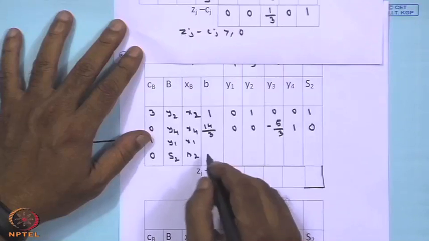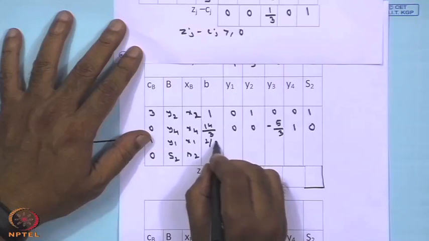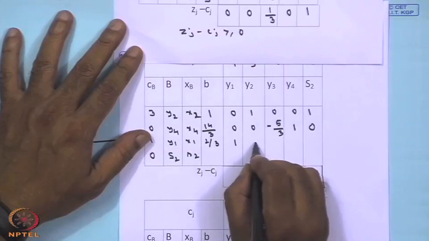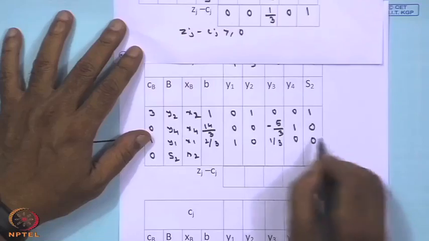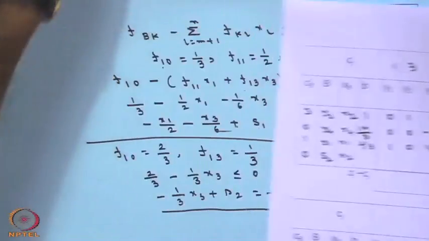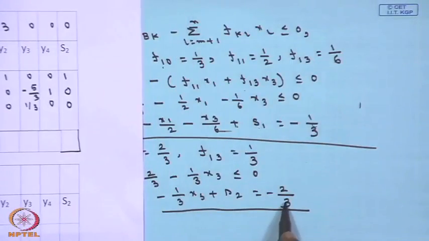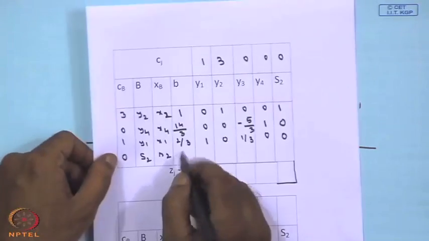S1 is not coming, the next one is 2/3, 1 0 1/3 0, S2 is 0, and as I have told, for S2 you will get from here. B value is minus 2 by 3.